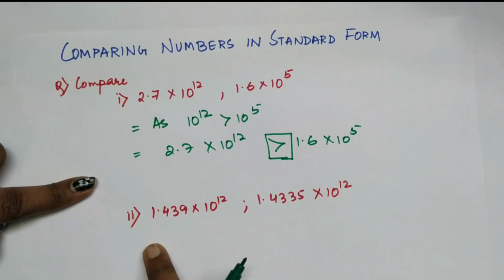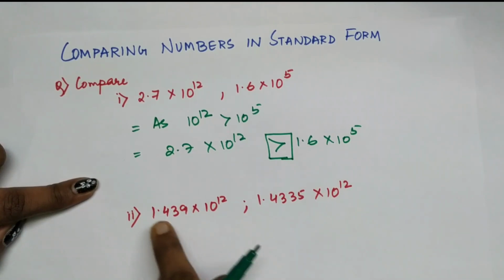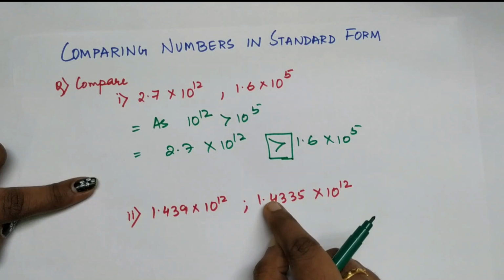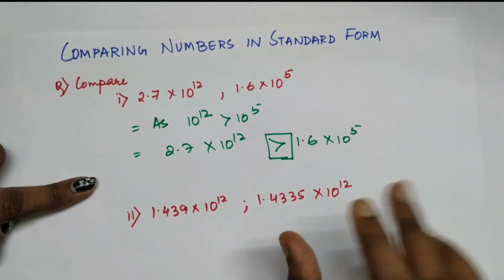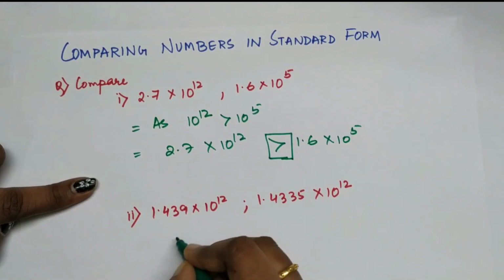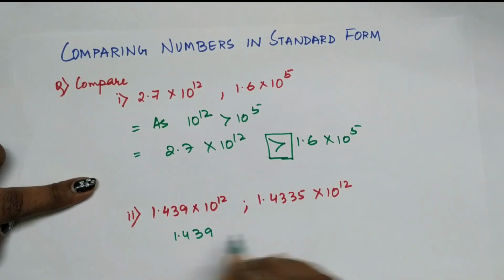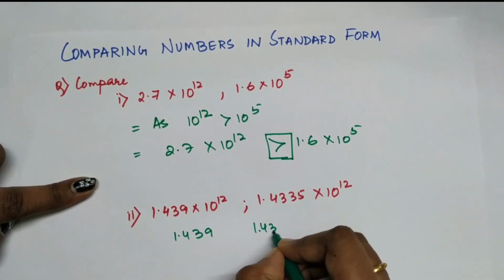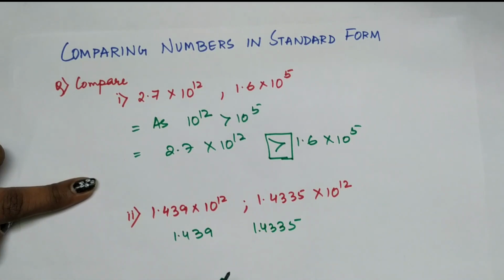So you can see that the significands here are 1.439 and 1.4335. Now for normal decimal numbers, if you remember, if we had just these two decimal numbers, you had to make them like decimals. Here after the point there are 3 digits, and here there are 4 digits.